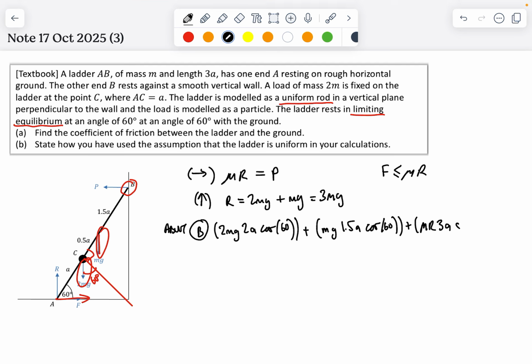And this time it's sine of 60, because that 60 degrees is measured to the horizontal, so to make it the vertical, I make it sine 60. All of that is equal to R, our reaction going in the other direction, which is R times 3a, the distance from the pivot, times cosine of 60.